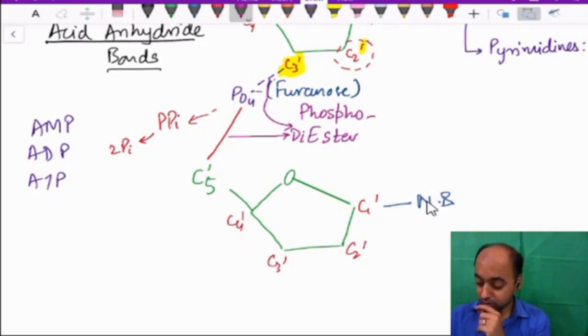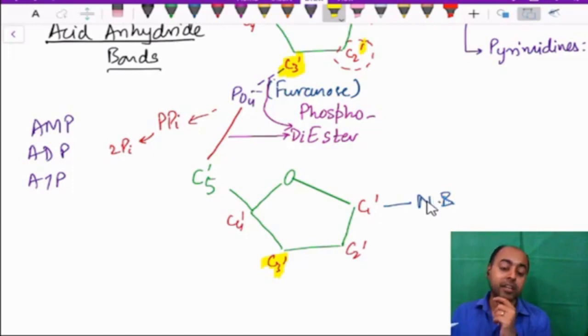Second thing you note is that the 3' end of the second nucleotide is free. This is where the next, third nucleotide will come and get attached. So always the attachment of the new nucleotide, whether it is the DNA or the RNA, will be at the 3' end. So one 3' end will always be free.